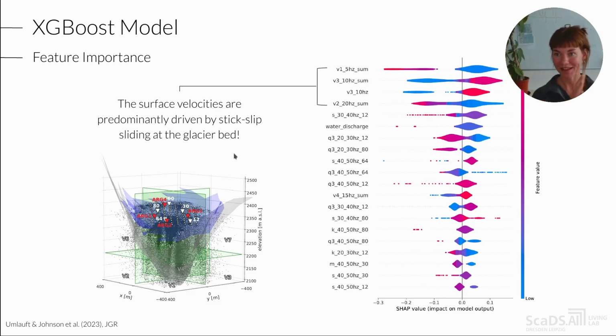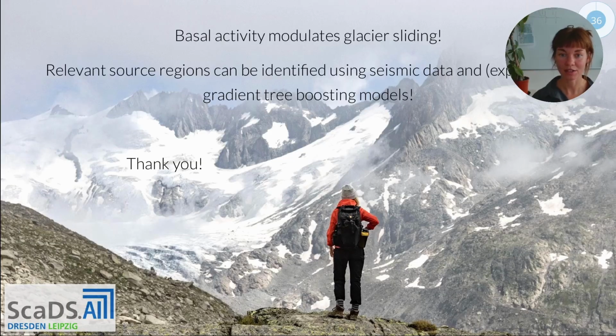So coming back to what I just said in the introduction, we can see here that glacier sliding is modulated by activity on the glacier bed, and we can use seismicity to find the areas within the glacier that are active and that are responsible for sliding.